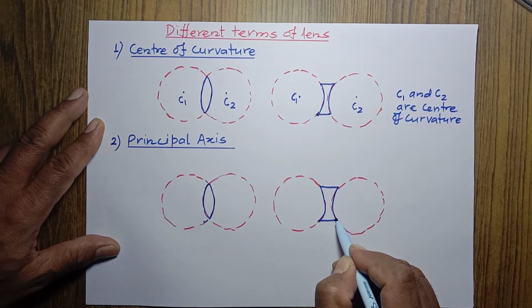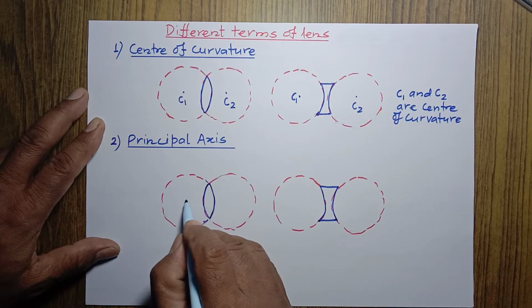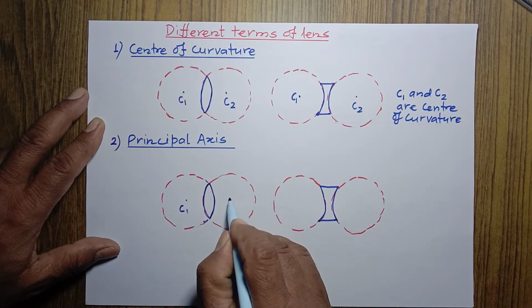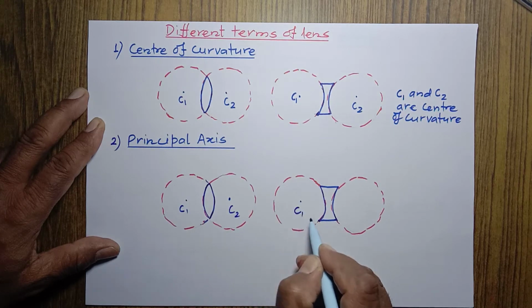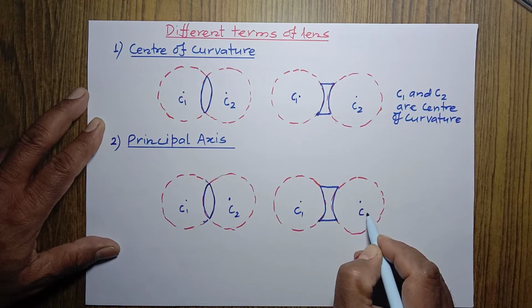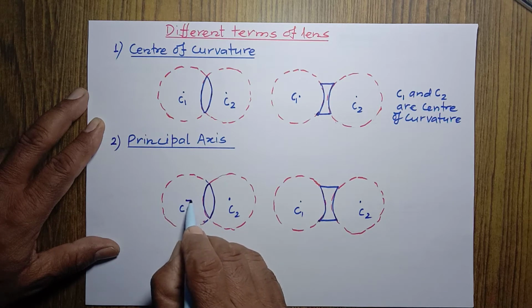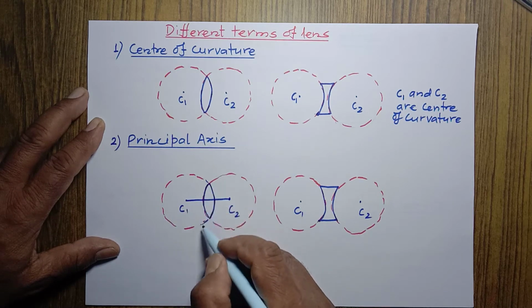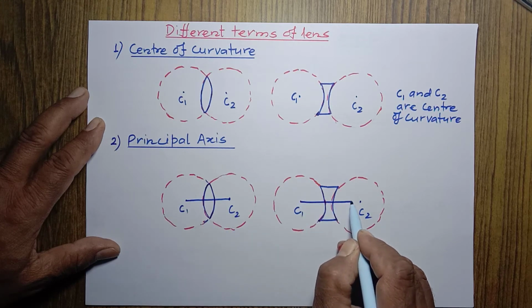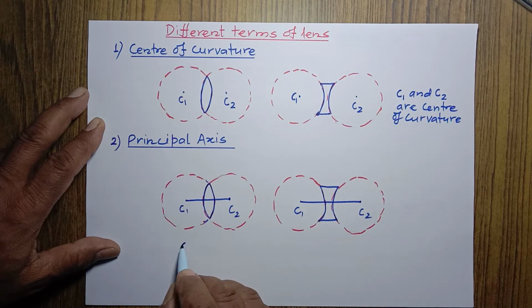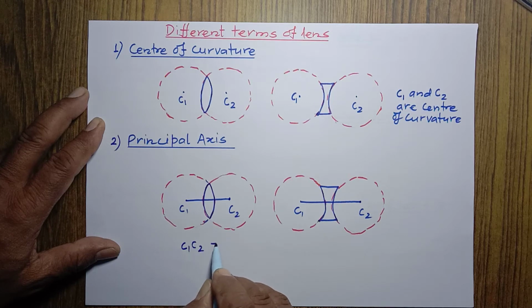It is a concave lens. Now this is the center of curvature, just now I told you. This is another center of curvature of this glass sphere, and this is another center. A line which joins the centers of curvature of two surfaces of the lens is actually the principal axis. This is C1 and C2. C1C2 is the principal axis.